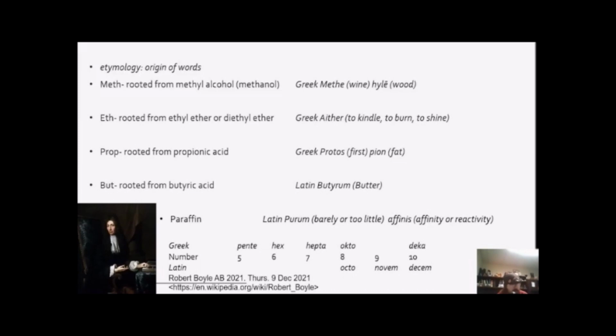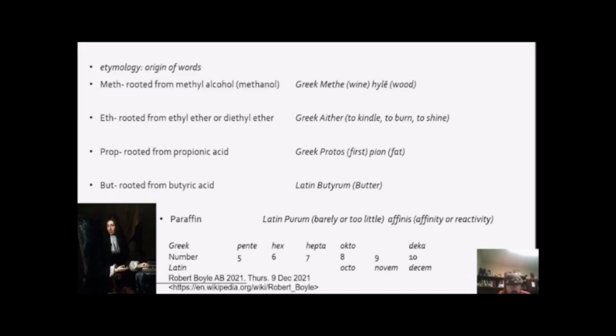Well, prop, which is for our three carbons, comes from propionic acid. Propionic acid is an acid often found in fats and oils, one of the earliest acids found, thus the Greek protos meaning first and pion meaning fat. So our first fat, the first acid we got from fat, so we kept the prop name.